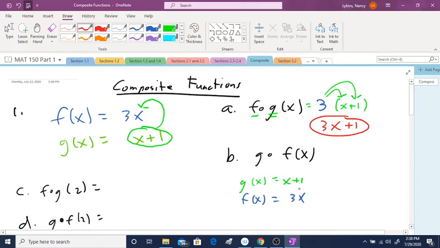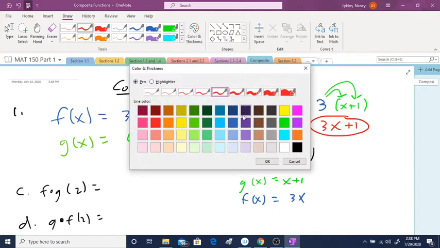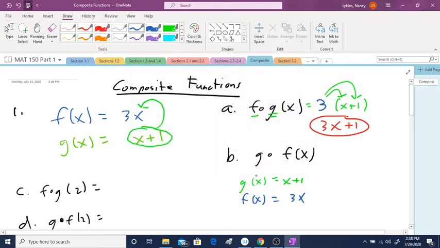Now, in part B, what I've done is I went ahead and rewrote the g of x and f of x functions, but now in part B, g is the main function, and f is the one we're going to substitute in. So what I'm going to do now is take this 3x from f, and plug it in for that x in my g of x function.